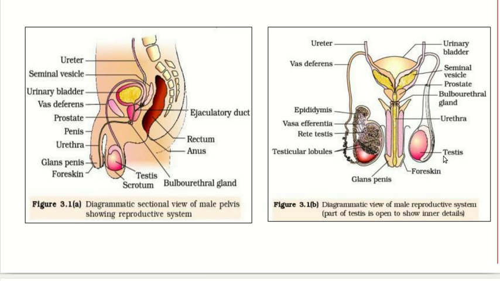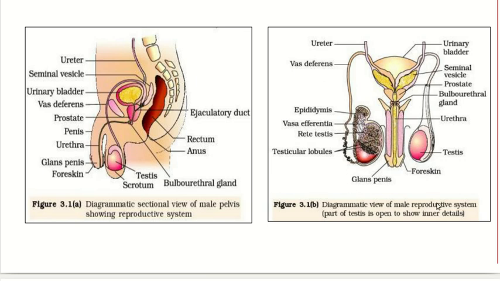Even the other diagram you can draw, but whenever they have specified part of testis open, you have to draw this. So here you can notice the glans penis which is covered by a foreskin, and all this labeling you have to do: testis, urethra, bulbourethral gland, prostate gland, seminal vesicles. Then there is urinary bladder, ureter, vas deferens, and the open part of the testis you can see the epididymis, vasa efferentia, rete testis, testicular lobules.